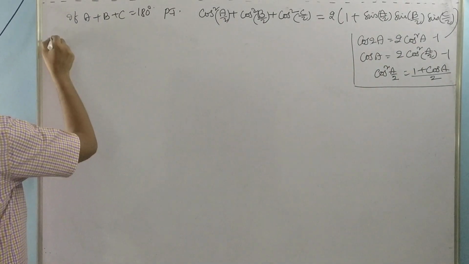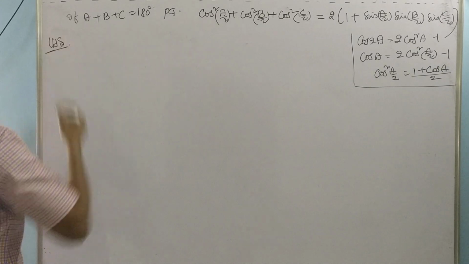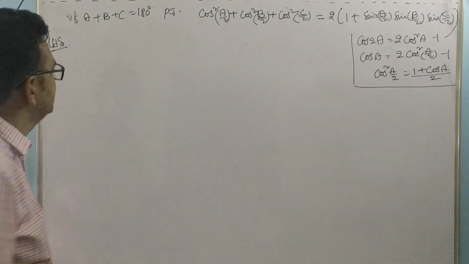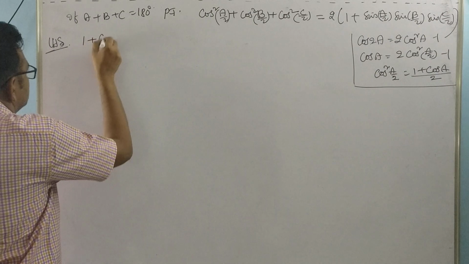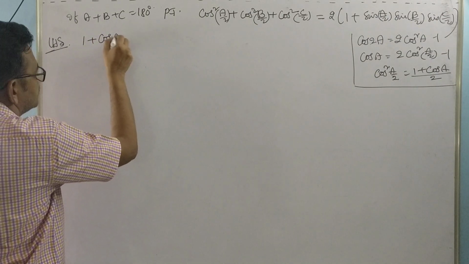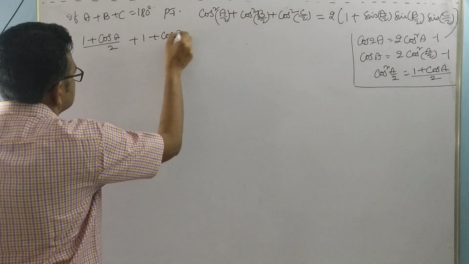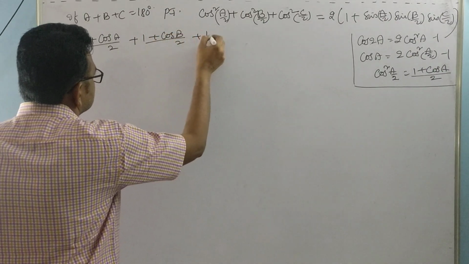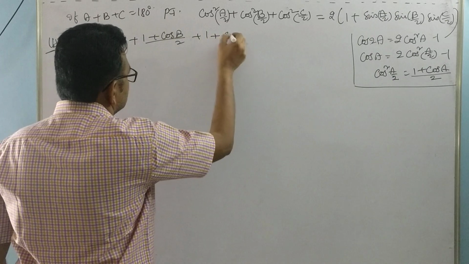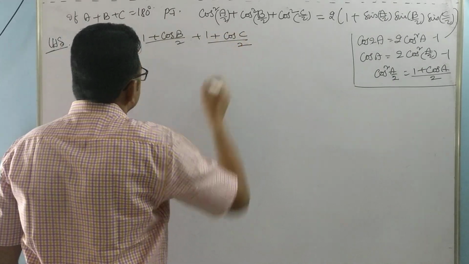Now this is the LHS: cos square A by 2 plus cos square B by 2 plus cos square C by 2, which is (1 plus cos A) by 2 plus (1 plus cos B) by 2 plus (1 plus cos C) by 2.